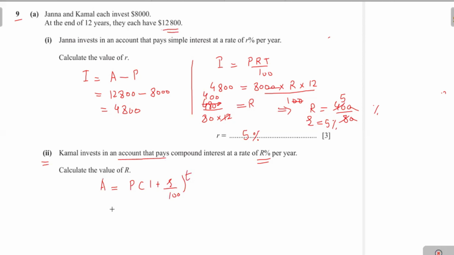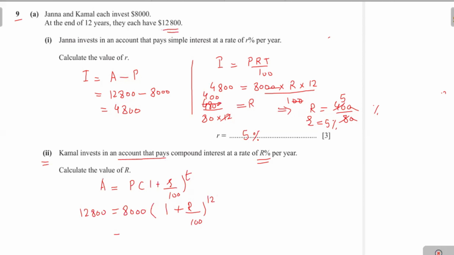to the power T. Here A is the amount after 12 years, that's 12,800. P is the investment amount, 8,000. 1 plus small r is here capital R over 100, and the time is 12.